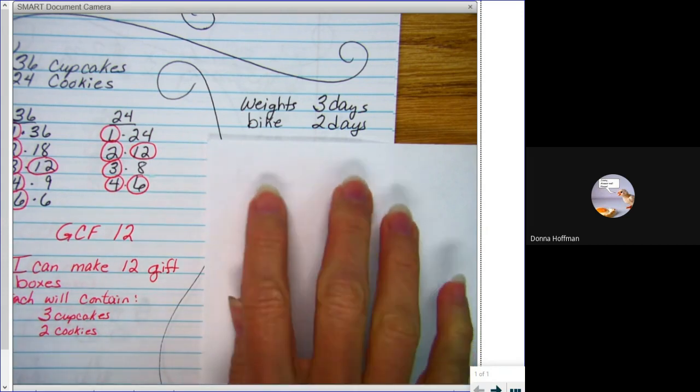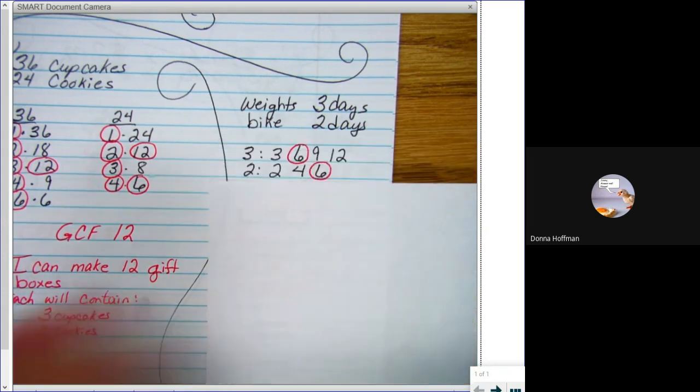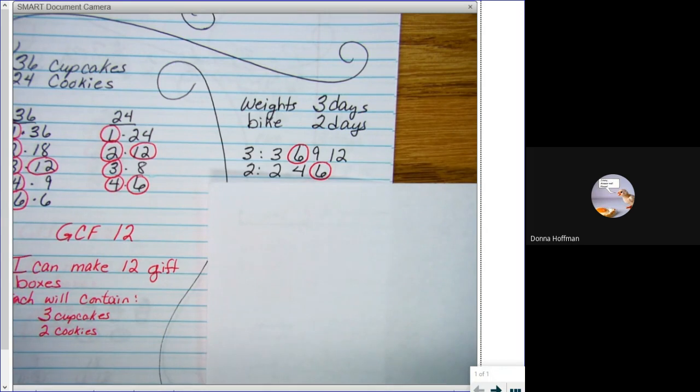So we just skip counted by 3 and by 2, and the first number they shared was 6. Now, this was an event, when both weightlifting and bicycling were going to happen. So every 6 days, Khalil was going to have to ride the bicycle and lift weights.